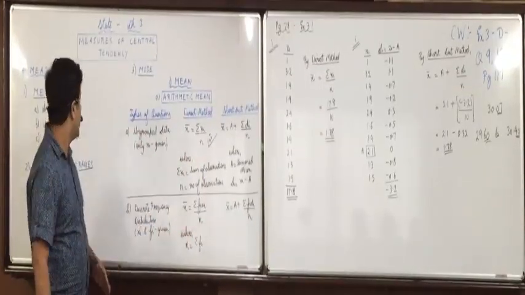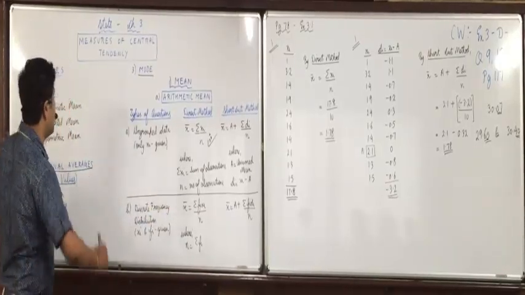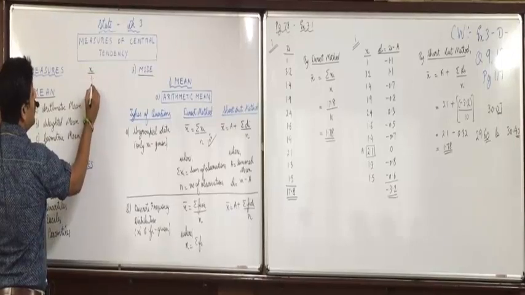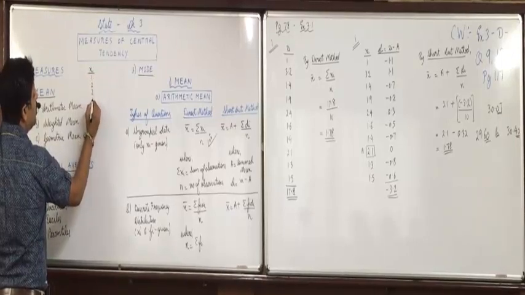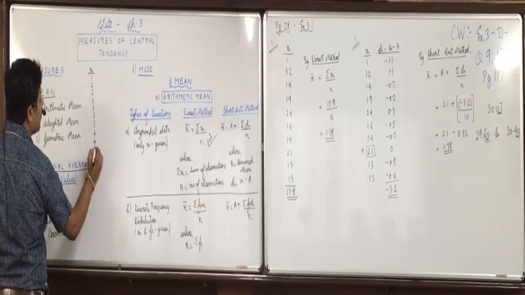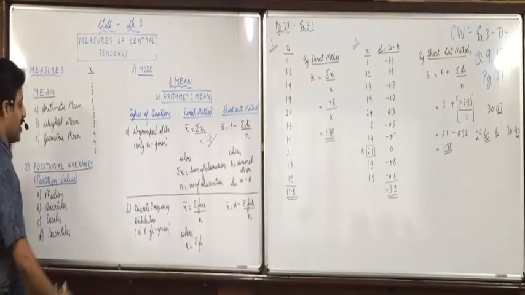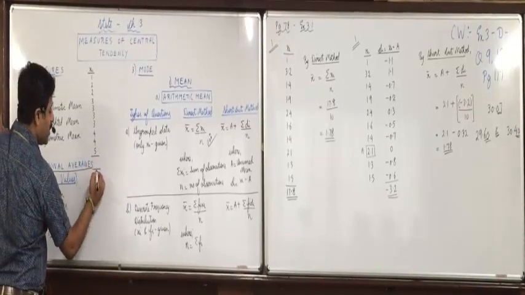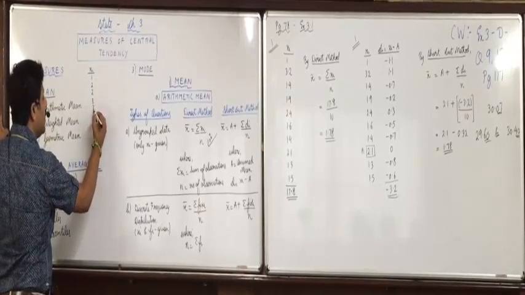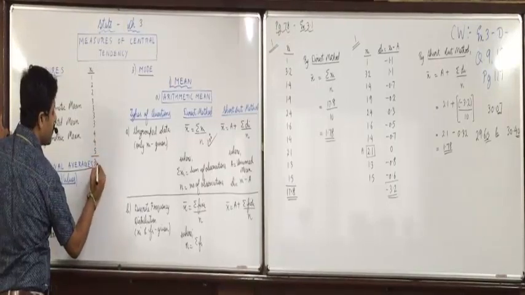So sigma xi becomes sigma fi xi upon n. Now why does xi become sigma fi xi? Understand it. Suppose the observations are 1, 2, 2, 3, 3, 3, 3, 4, 4, 5. If I do sigma xi upon n, 1, 3, 5, 8, 11, 14, 17, 21, 25, 30.